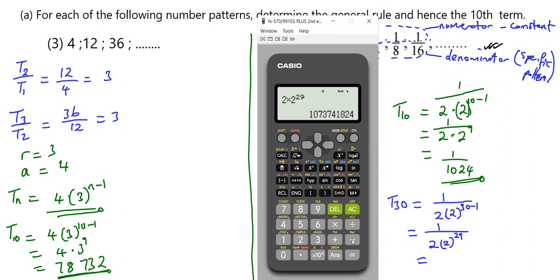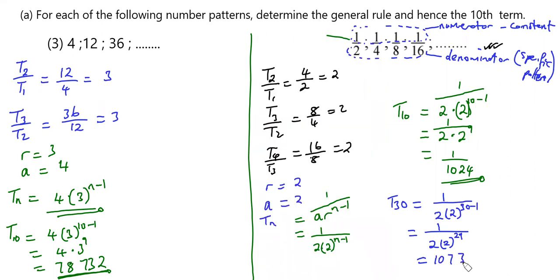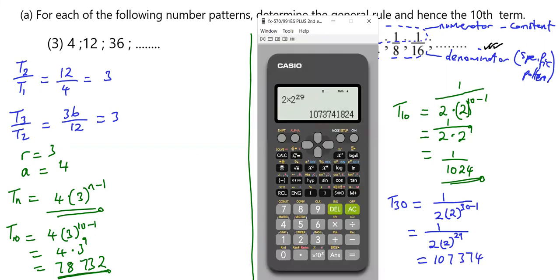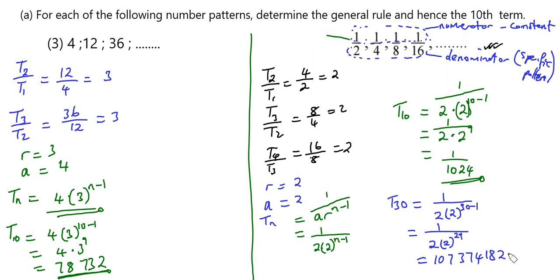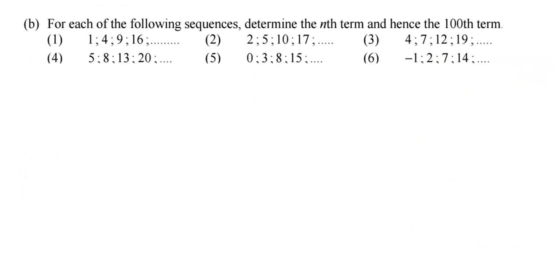But you can see it's 107,374,1824, and we have 333. So this is more like 1 trillion, but otherwise this is the answer that you get. 1 over this value. Okay, let's move on to the next slide.